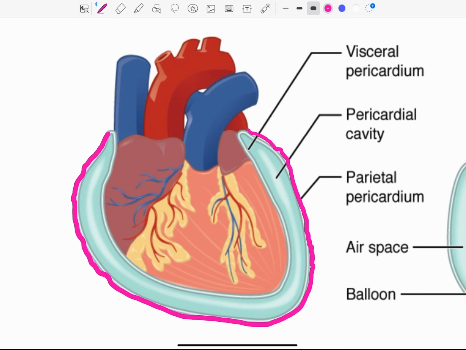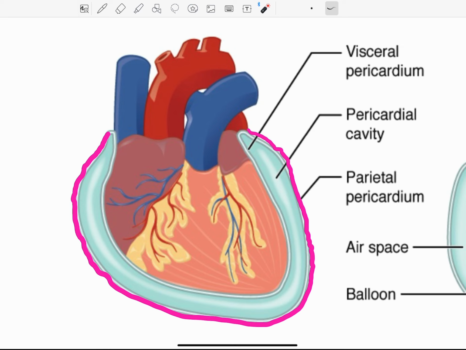It really is to anchor the heart, so it anchors it to surrounding structures. The other reason to have the fibrous pericardium is it really prevents the heart from over expanding. So it does put limitations on that expansion of the heart. So that's the superficial fibrous pericardium.